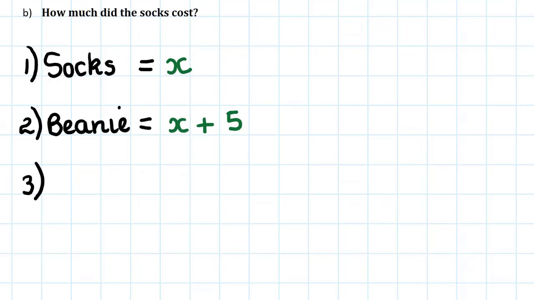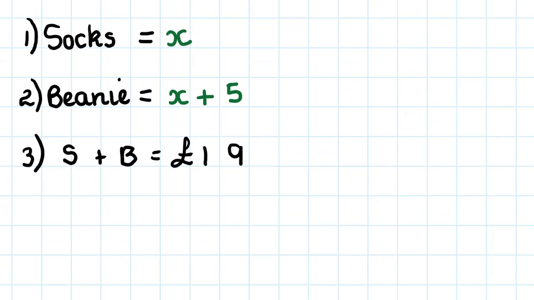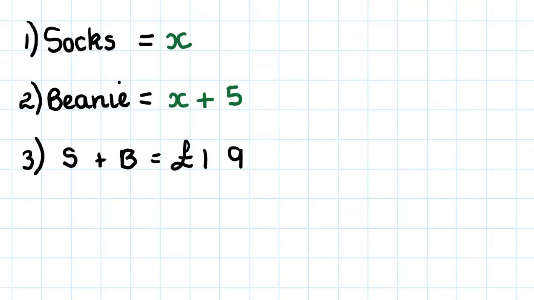It is the socks plus the beanie hat equals £19. Let's now write it as an expression. The socks, x, plus the beanie hat, x plus 5, equals 19.